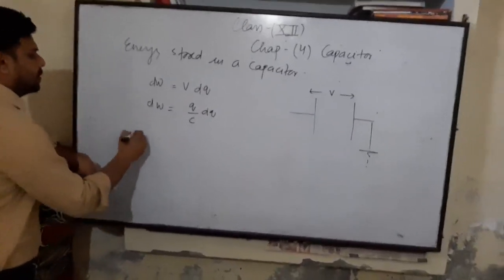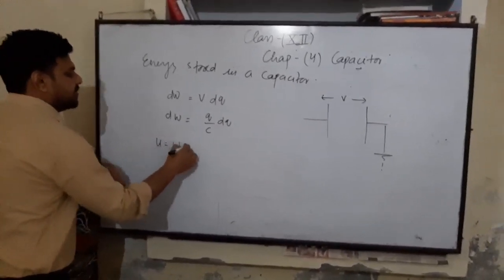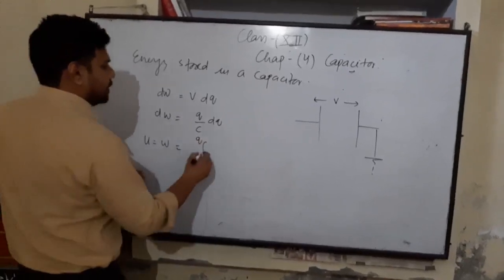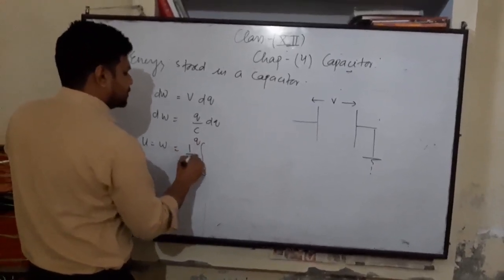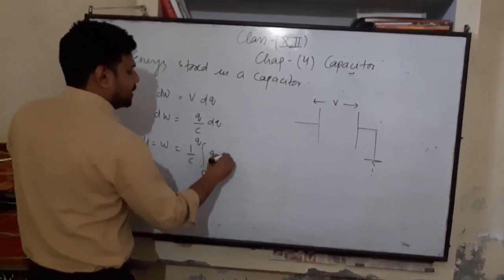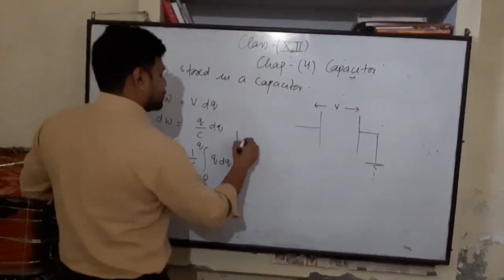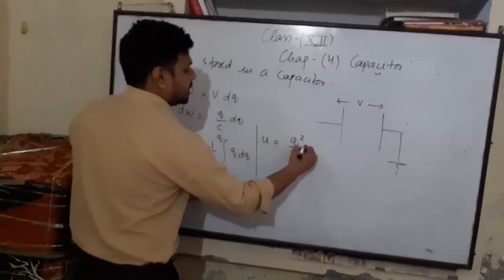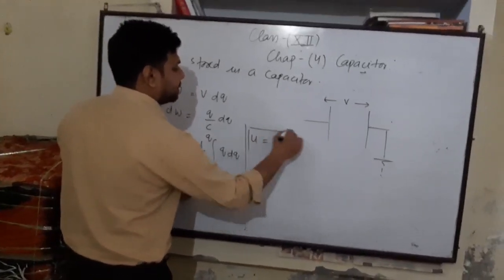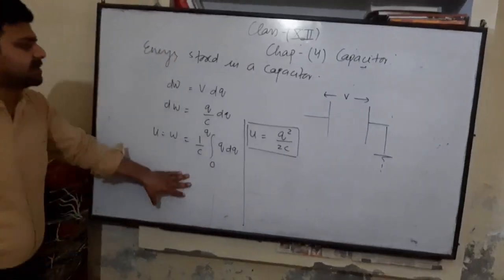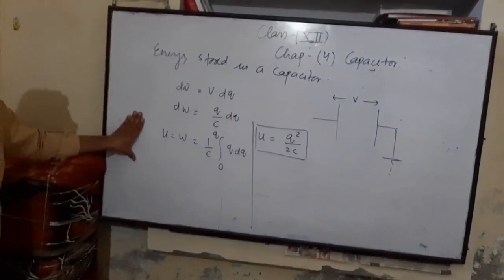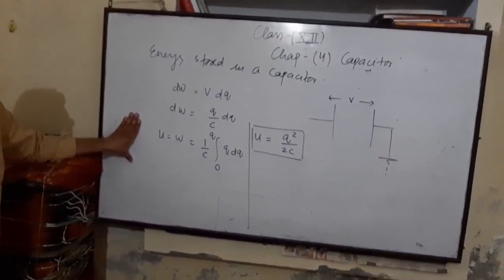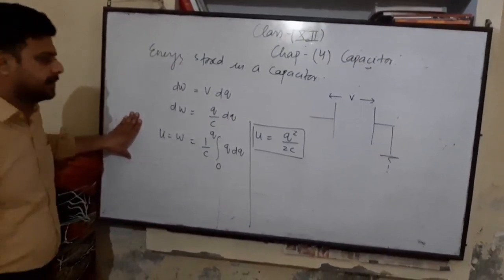Now the total work or potential energy is given by integration from 0 to Q of 1 over C, which is constant, times q dq. So it becomes Q squared by 2C. This is one method for calculating the expression for the energy stored in a charged capacitor.